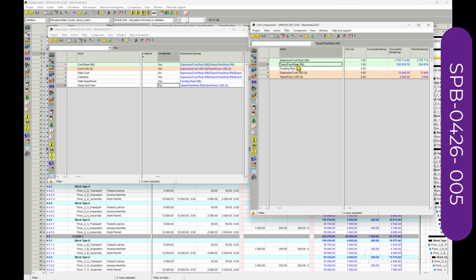Expenses and taxes in real, expenses and taxes in dollar, funding in real. Okay, negative value for funding. The rate is 5 to 1. I think today it is 5.20 to 1, but we have agreed to make it 5 to 1.